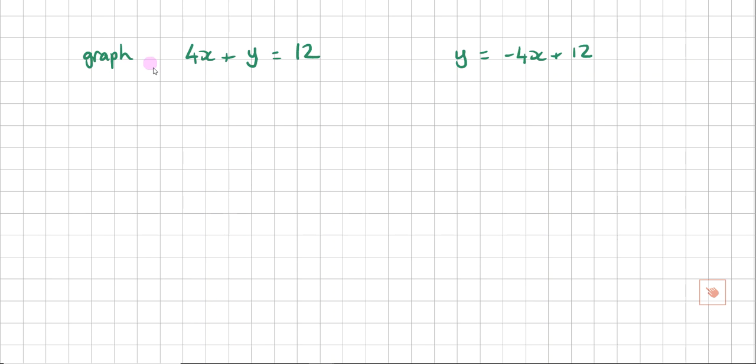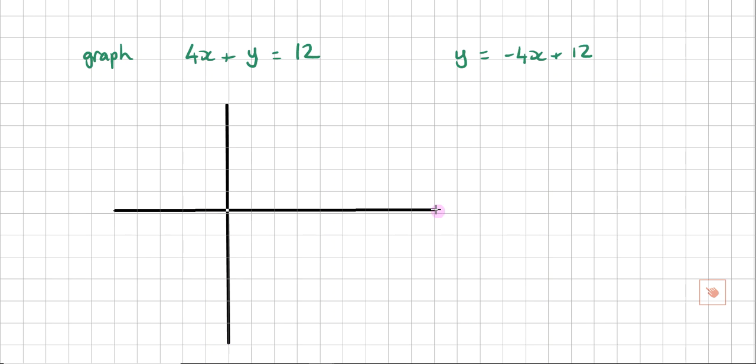And then you go down 4, and then over 1, and then point there as well. So it crosses at 12, down 4, down 4 across 1. So your line would roughly be like this, yeah? Okay. Sorry, if you've got a question, go for it.